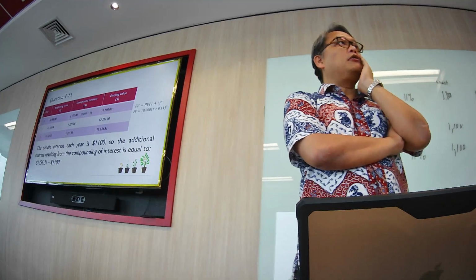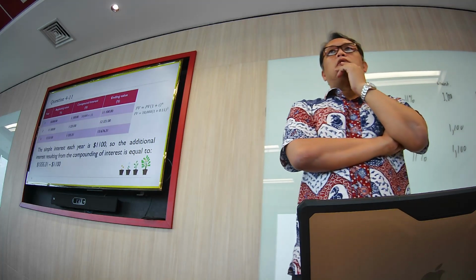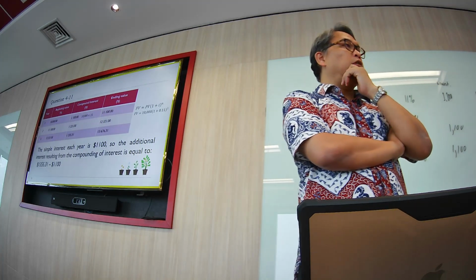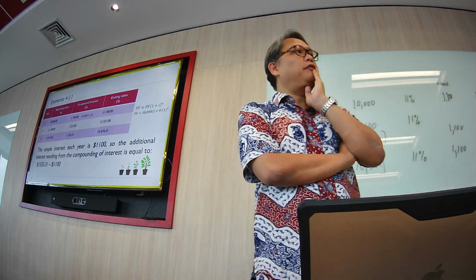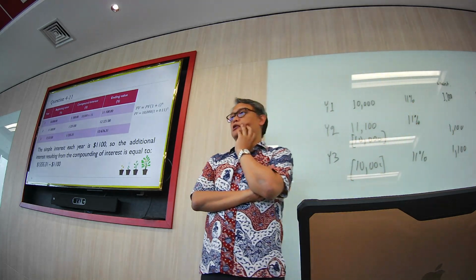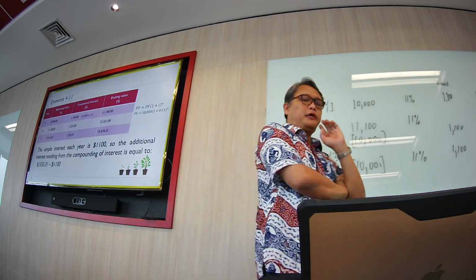And then each year you got simple interest of 1100. So the difference is the total for 3 years, 1355 minus 1100, 255, right?